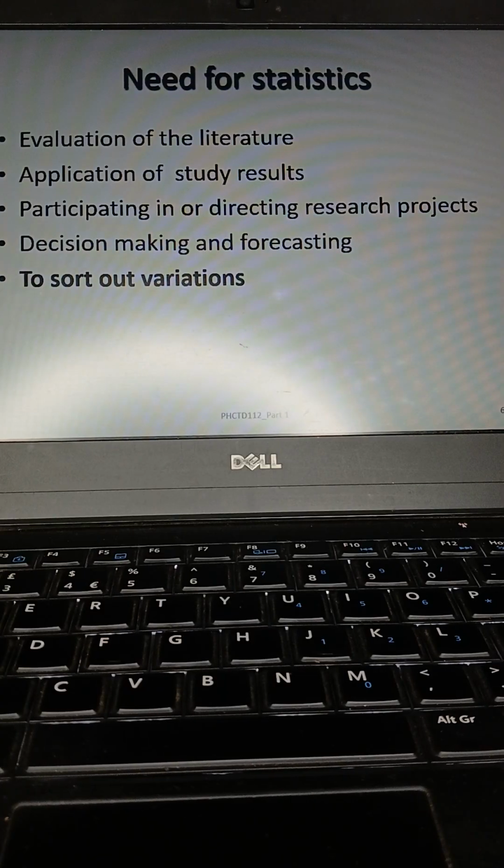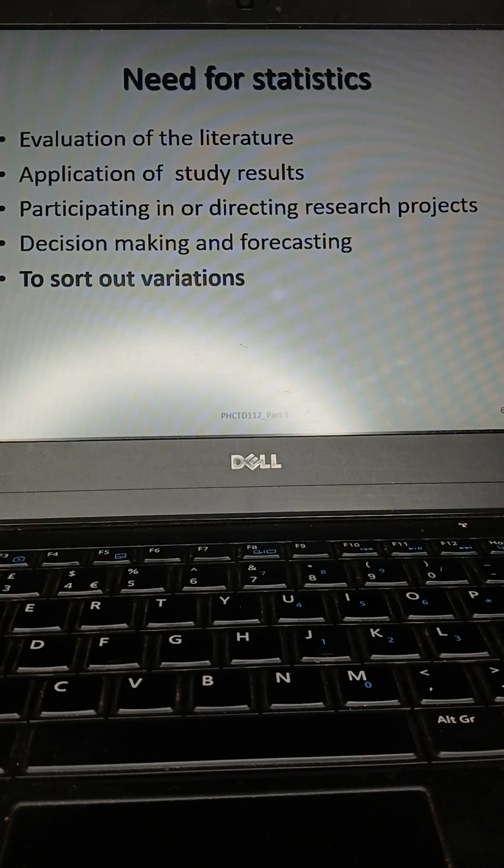So why statistics? The need for statistics is for evaluation of the literature, for you to be able to gather evidence that people have worked on in the past. Then you evaluate it. Then application of your study results. After the evaluation of evidence, you need to apply your study results.